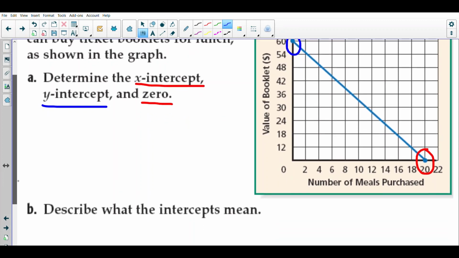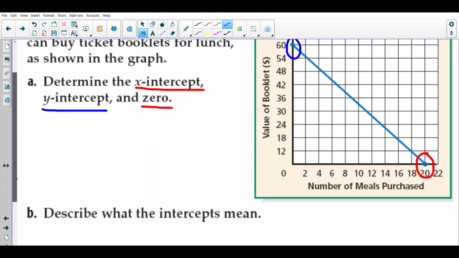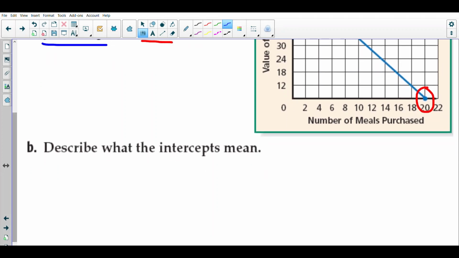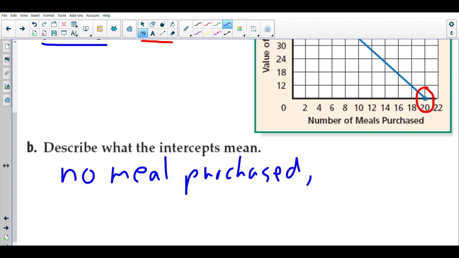So describe what the intercepts mean. So if we look at this, the y-intercept is when the number of meals purchased is 0, so (0, 60). Number of meals purchased 0, so the booklet is worth $60. So no meals purchased, booklet worth $60.